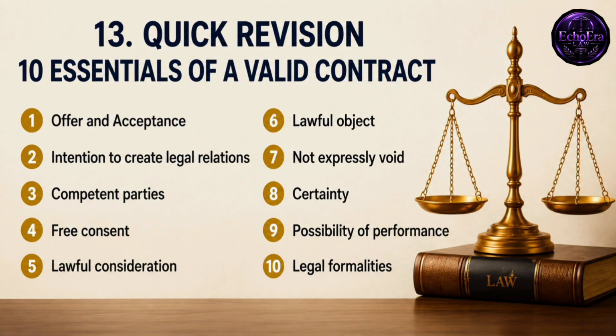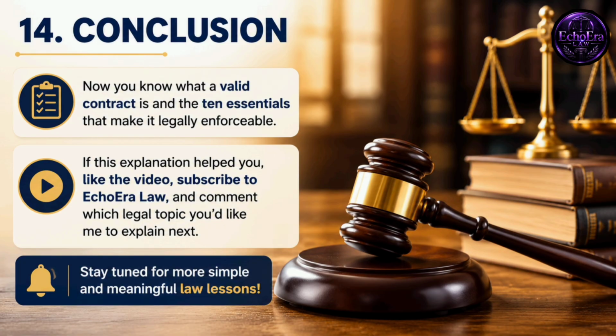Number 8, certainty. Number 9, possibility of performance. Number 10, legal formalities. So today we learned what a contract is and the 10 essential elements that make a contract legally valid. The key formula to remember is: offer plus acceptance is agreement. Agreement plus legal enforceability is contract.